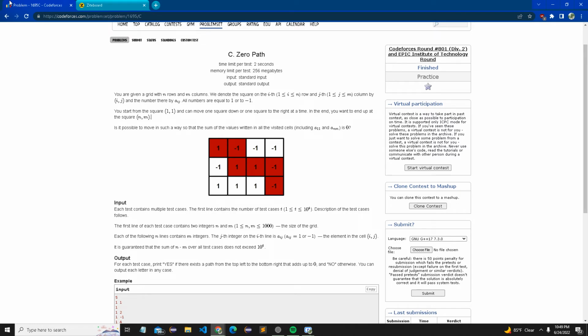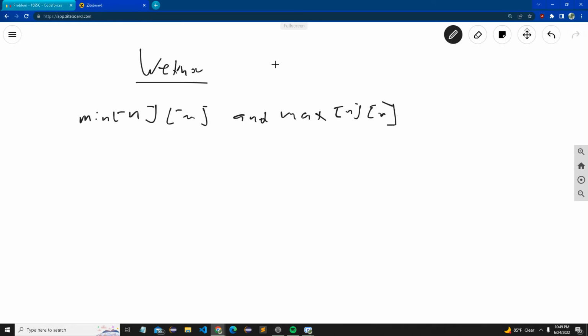The intuition is that if I know the minimum and max cost, shouldn't I intuitively say that if zero is within the min, right, and it's within the max, so this is true? Shouldn't this hold?